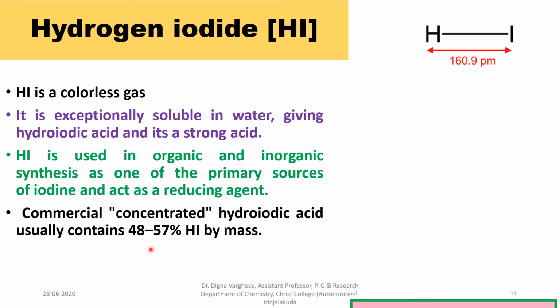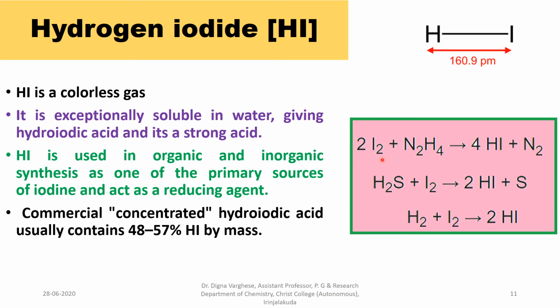Synthesis of hydrogen iodide: when iodine is treated with hydrazine, it gives hydrogen iodide and nitrogen. The second reaction is hydrogen sulfide reacting with iodine, that is, a stream of hydrogen sulfide is passed over an aqueous solution of iodine, giving hydrogen iodide.